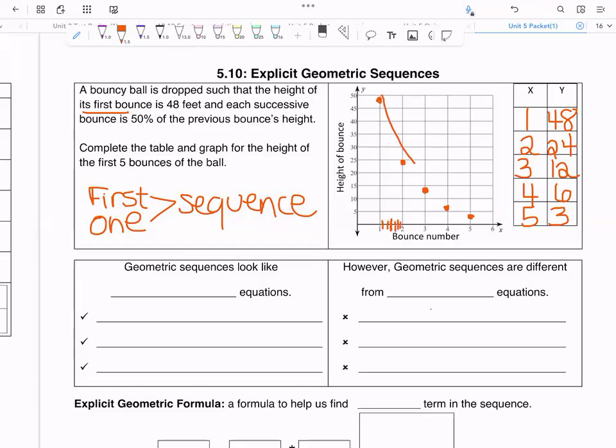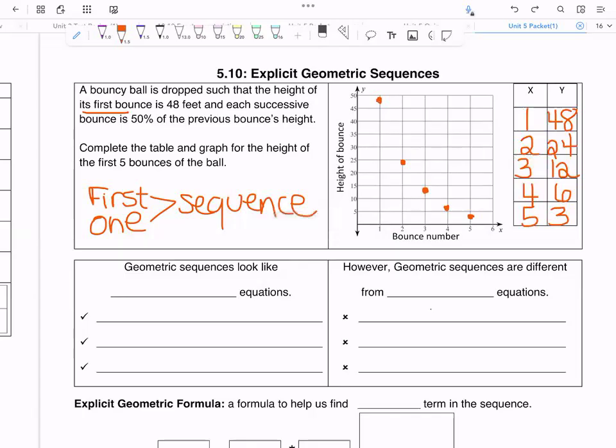And we can't have 1.5 bounces or 2.5 bounces. So what we want to do is leave it unconnected, because that means we only use the whole positive numbers, our first bounce, our second bounce, our third bounce, and so on.